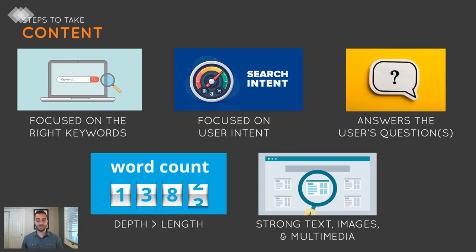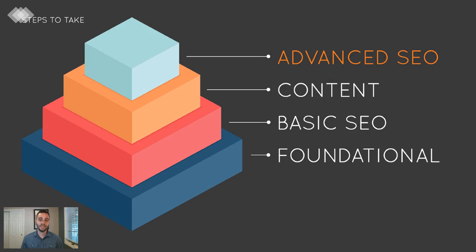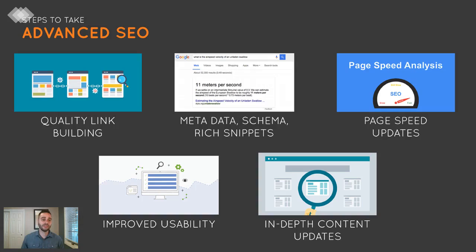These are great opportunities not only to add more context to that specific piece of content, but also to make sure that there's additional information that the user and also search engines can see to understand what the page is about. And then the top of this pyramid is really advanced SEO, and these are tactics like link building.